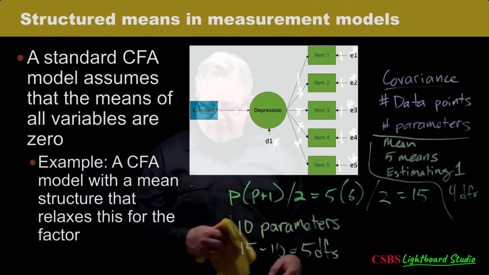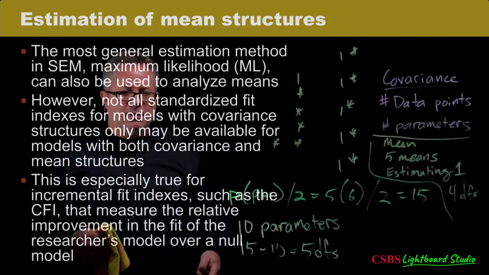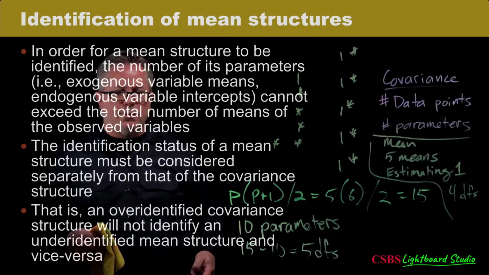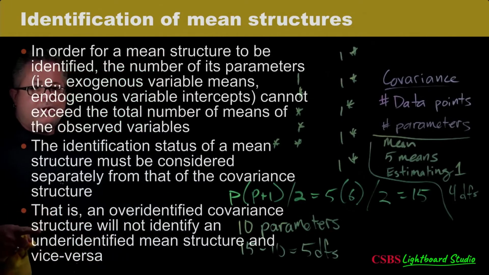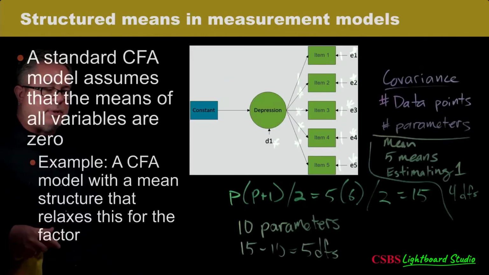Like that's what this slide a few slides ago was saying. An over-identified covariance structure but an under-identified mean structure. I have to have degrees of freedom in both parts, the mean structure and the covariance structure. So you have to look at them sort of separately.